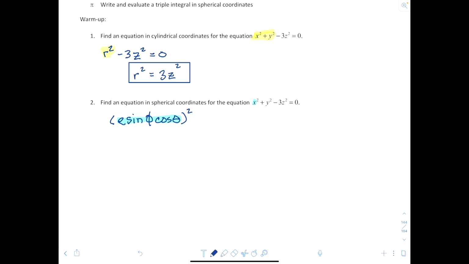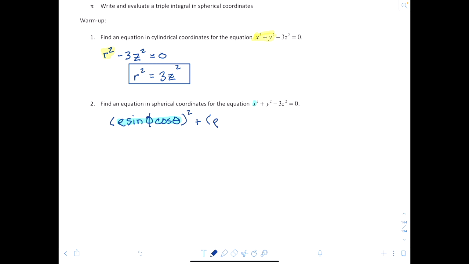And then working on our y, so we're adding y squared, so y is equal to rho, and this time both of them have your sine phi, and then this will have times sine theta, and that quantity is also being squared.